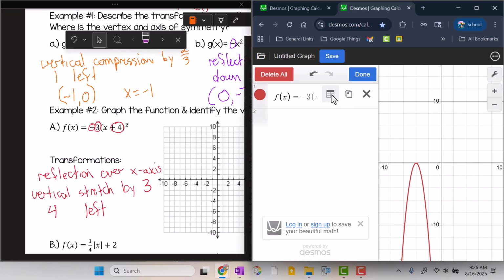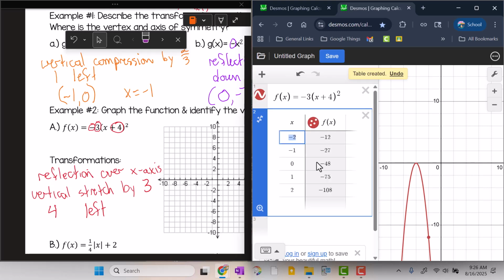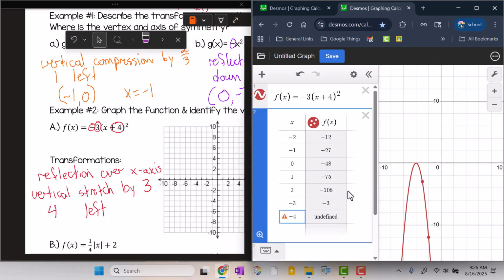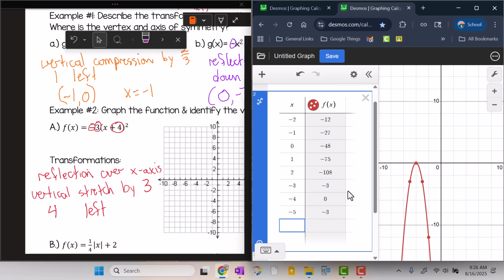So we hit the gear and then the table. Now those values are not nice looking because they're all the way down here. We need them here. So I'm going to substitute in -3, -4, -5, and -6. And those should be good enough points to graph.